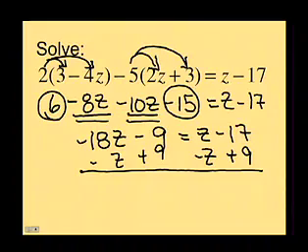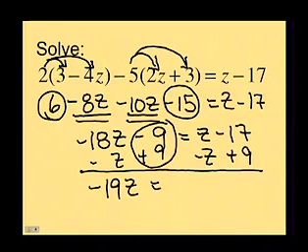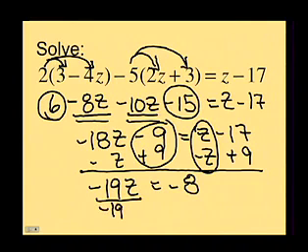And what that results in is we have negative 19z equals, because this adds up to 0, this adds up to 0, so I get negative 17 plus 9 is negative 8. My final step would be to divide both sides by negative 19.